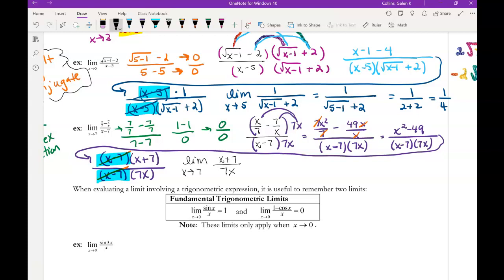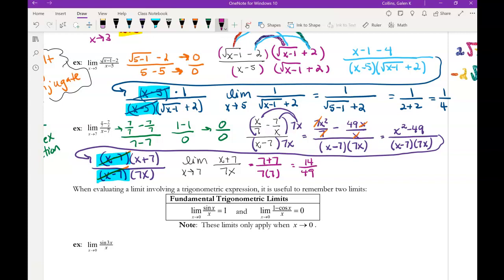So now we're kind of just starting over at this point. We're back to the step where we want to plug in the 7. So I get 7 plus 7 on top over 7 times 7 on bottom, which is 14 over 49.